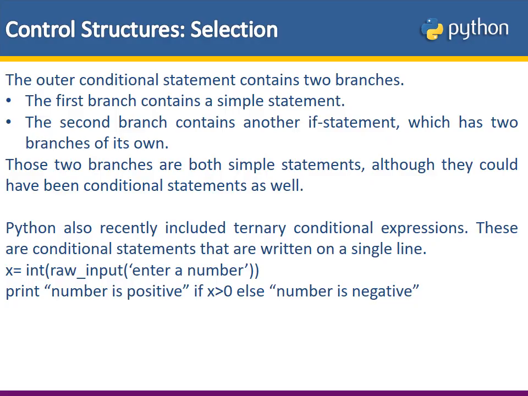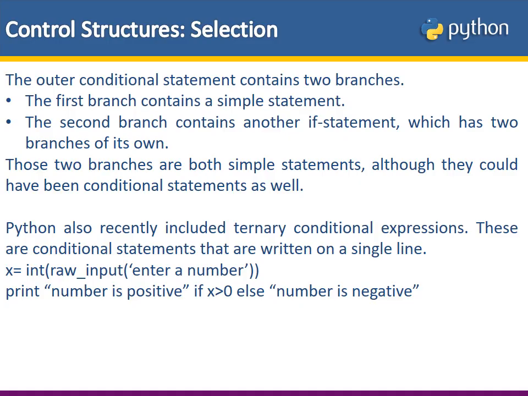So the outer conditional statement contains two branches: the first branch contains a simple statement, and the second branch contains another if statement which has two branches of its own.